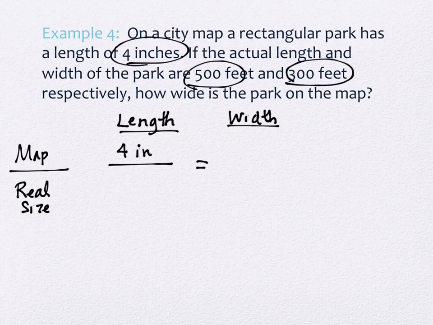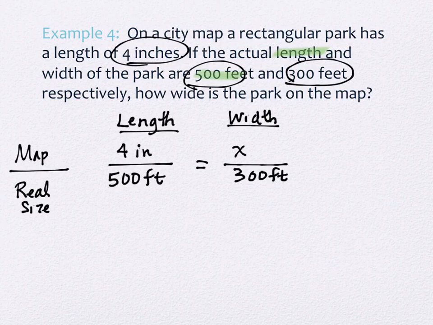And they always go in order. So length is the 500 and then the width will be the 300. So the actual length of the park is 500 feet. And the actual width of the park is 300 feet. Does that make sense? And then that means the unknown quantity is my width, which is in inches.